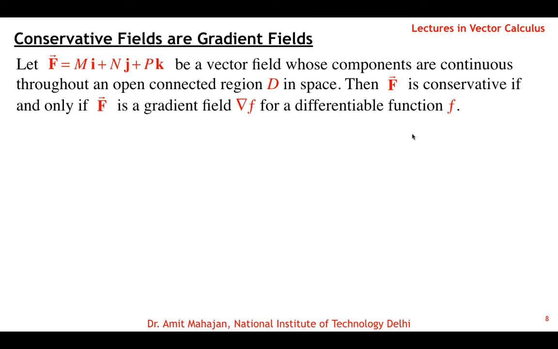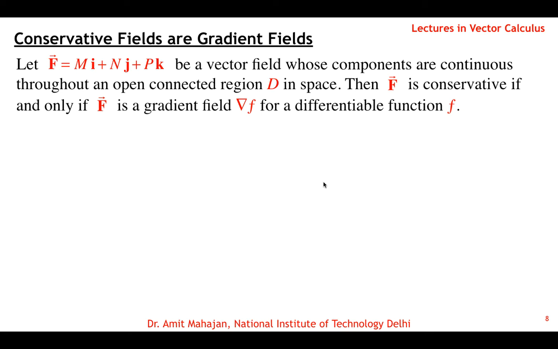The result is simple, because if the field is a gradient field, if F equals the gradient of f, then by the fundamental theorem the line integral of F dot dr is f(B) minus f(A). That means the line integral depends only on the endpoints and does not depend on the path, and so the field has to be conservative. Similarly, the reverse can be proved easily.